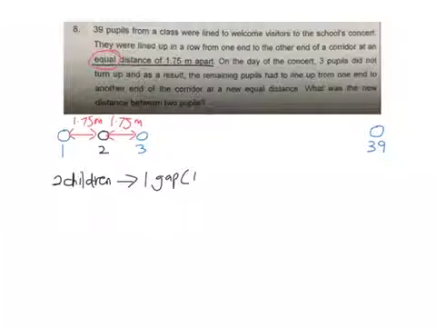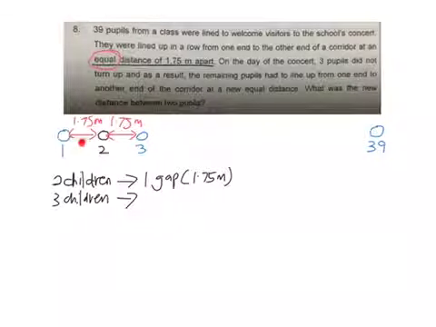And this gap is 1.75 meters. If I have 3 children, you want to look at the diagram that I have drawn above. How many gaps are there? 1, 2. There would be 2 gaps. What's the distance? 1.75 meters times 2.